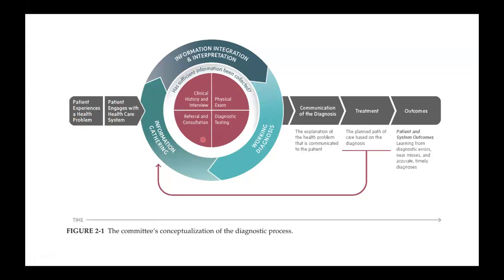When the patient engages with the healthcare system, they will usually interact with a primary clinician. And that primary clinician will be here. They will take a clinical history. They will do a physical exam.